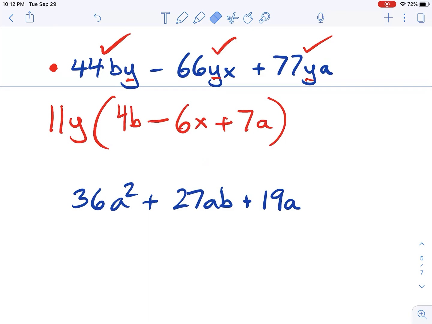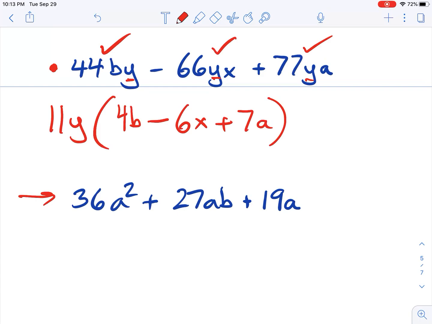Okay, let's look at our final one. Ooh, 36, 27, and 9. Okay, maybe I could factor out a 9, and maybe I could factor out definitely an a. Ooh, wait, this is 19a. Okay, so both of these have a factor of 9, but 19 does not. Okay, 19 does not have a factor of a. Okay, so can I still factor out a 9a from the front two?